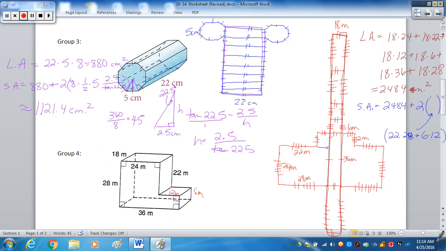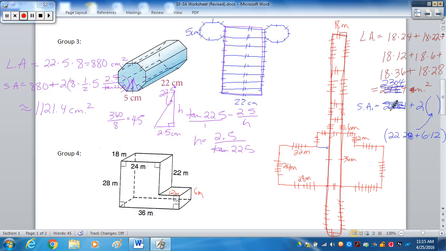18 times 24 plus 18 times 22 plus 18 times 12 plus 18 times 6 plus 18 times 36 plus 18 times 28. 2,304. That looks better. Okay. So let's change this. 2,304.